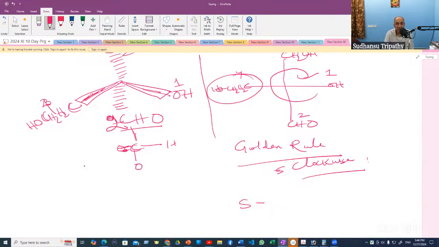Longest chain is the rule, one hero and the rest zero, aldehyde is zero, so I am numbering.